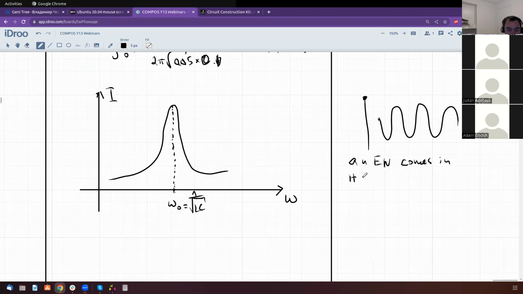It produces tiny oscillations in the antenna. The antenna is part of the RLC circuit.